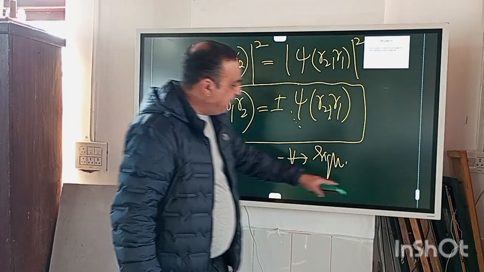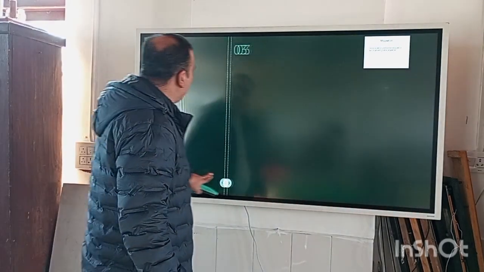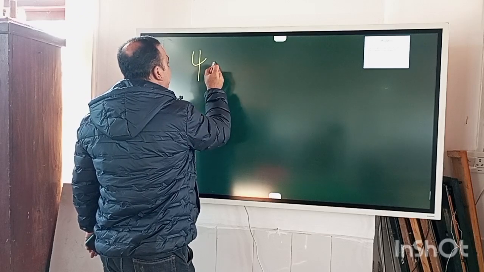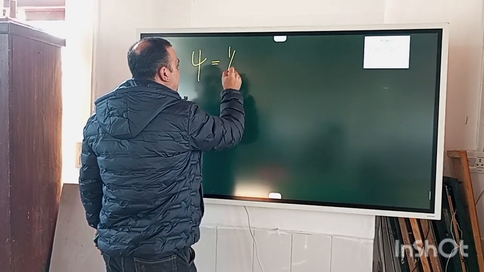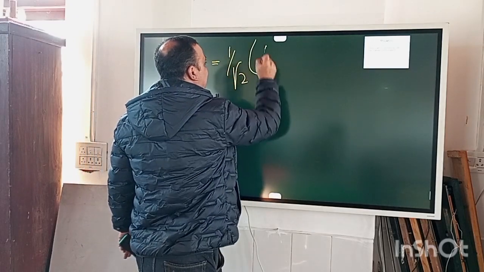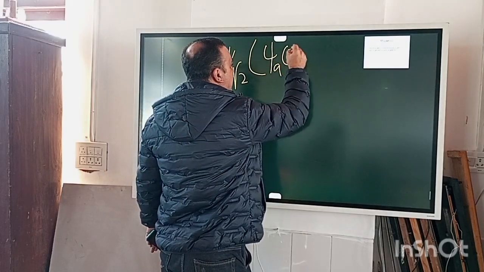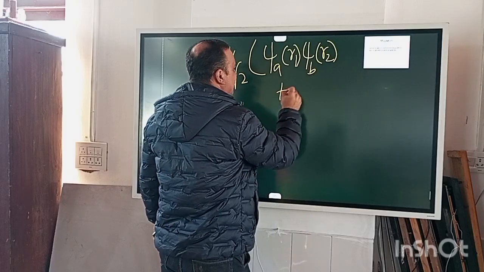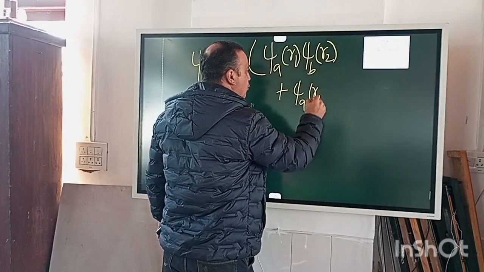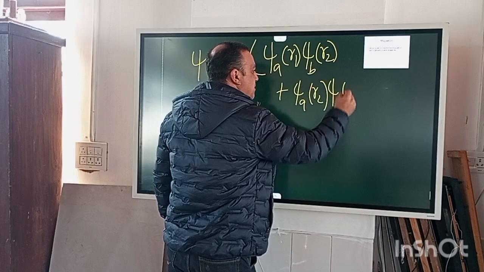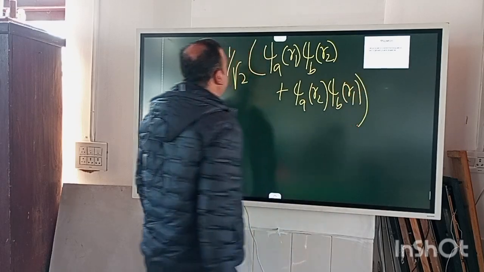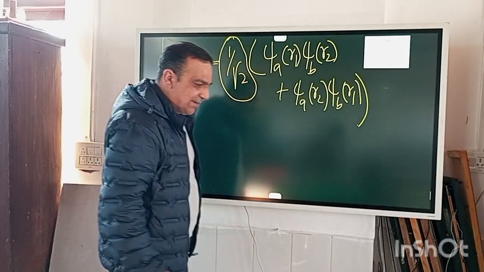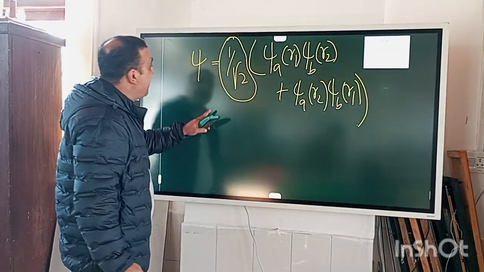Now, if I obtain my wave function psi as 1 by root 2 times psi A R1, psi B R2 plus psi A R2, psi B R1, and don't be confused about this 1 by root 2, it comes out as a normalization constant.